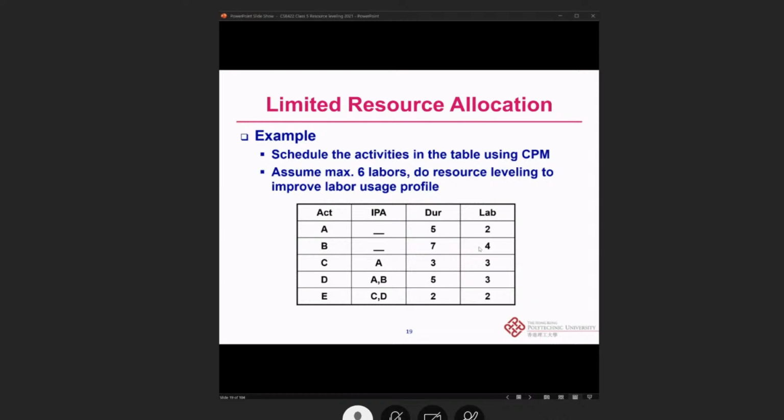And here we try to schedule the activities in the table using the critical path method. And then we assume that we have only the maximum number of labor as 6, so that we can do resource leveling to improve the labor usage profile. Last week we only considered the activities, the relationships, the duration, and the probability of duration.